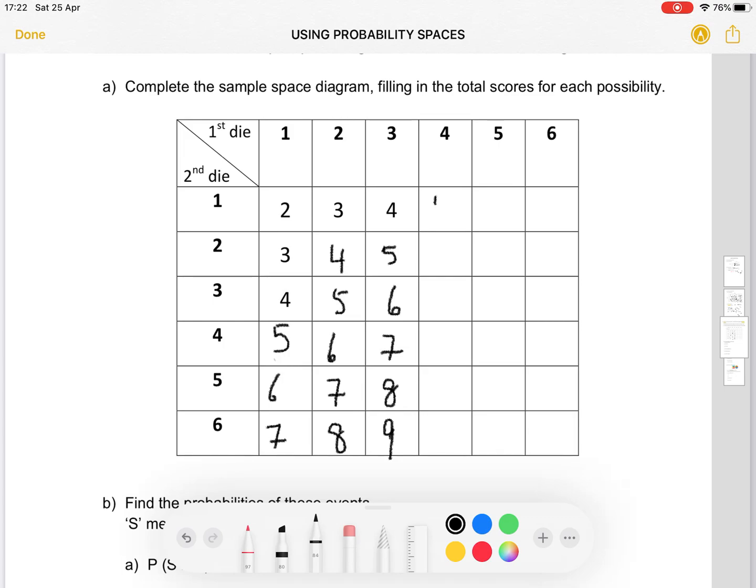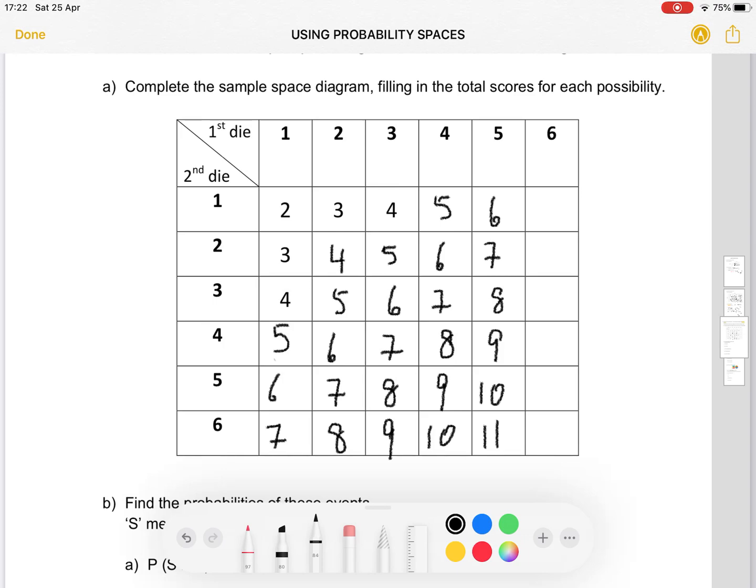The next column, 4 and 1, make a total of 5. 4 plus 2, 6. 4 plus 3, 7. 4 plus 4, 8. 4 plus 5, 9. 4 plus 6, 10. The next column, the column of 5. 5 plus 1, 6. 5 plus 2, 7. 5 plus 3, 8. 5 plus 4, 9. 5 plus 5, 10. 5 plus 6, 11.